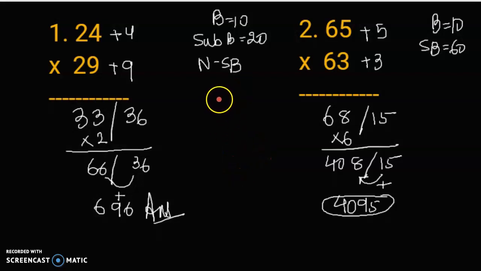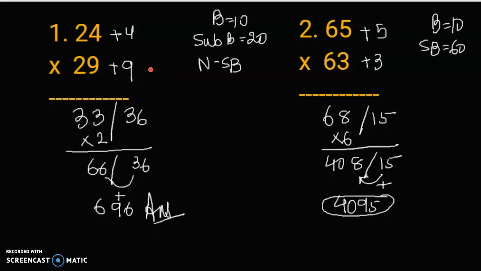But numbers which are 2 times 10, 3 times 10, like 20, 30, 4 times 10, 40, 5 times 10, 50, we will call sub-bases. When numbers are close to these sub-bases, we can very easily and quickly multiply in our head, in 2 to 3 seconds or maximum 4 seconds.